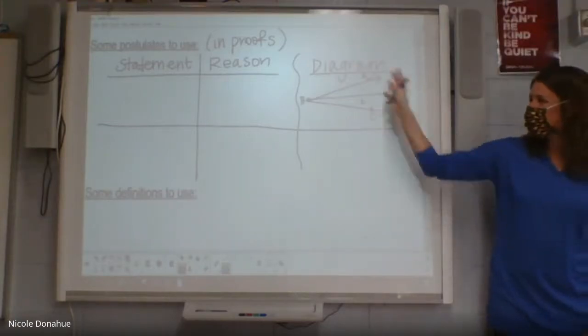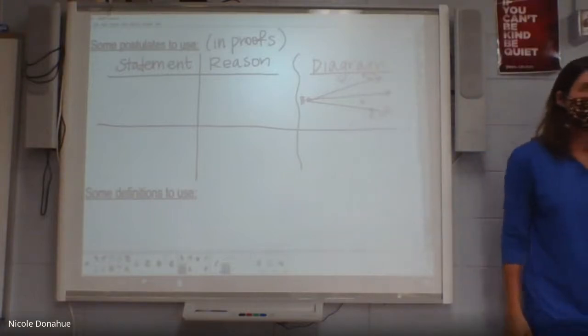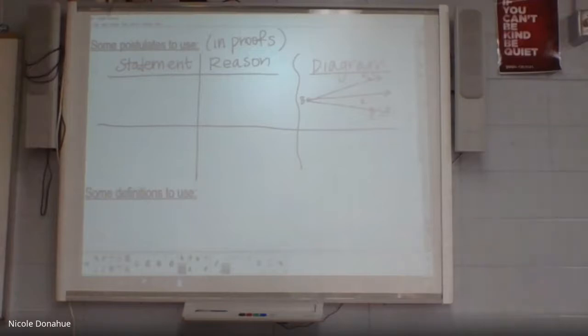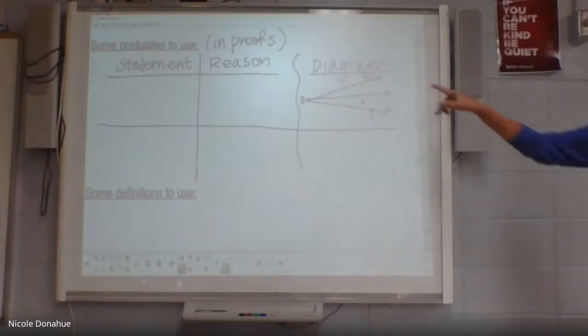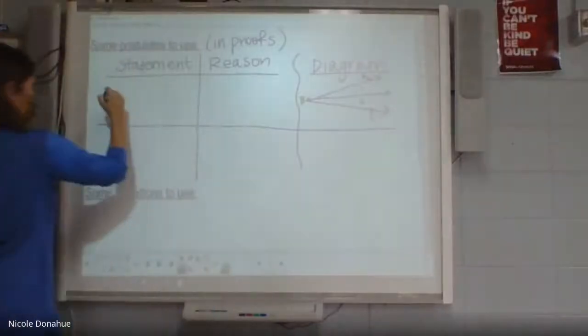So anything you guys can conclude about this drawing, just based on looking at it. It's kind of an obvious thing where you're like, really, you would say that? What do you know about angle 1 and 2 together? What do they do? Yeah, so angles 1 and 2 together, if I put them together, they equal angle ABC.